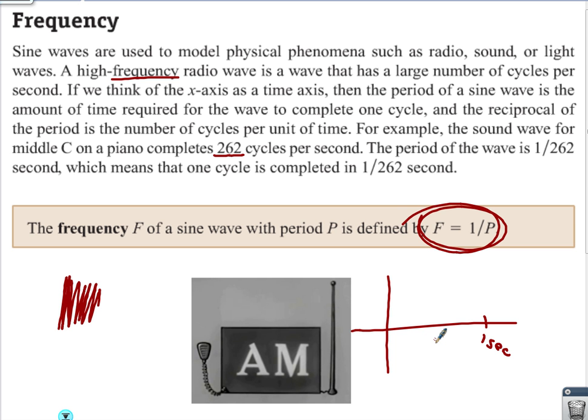That's middle C on the piano. So the actual period, how long does it take to complete 1 cycle, would be 1/262 of a second. So to make a long story short, frequency is 1 divided by the period.